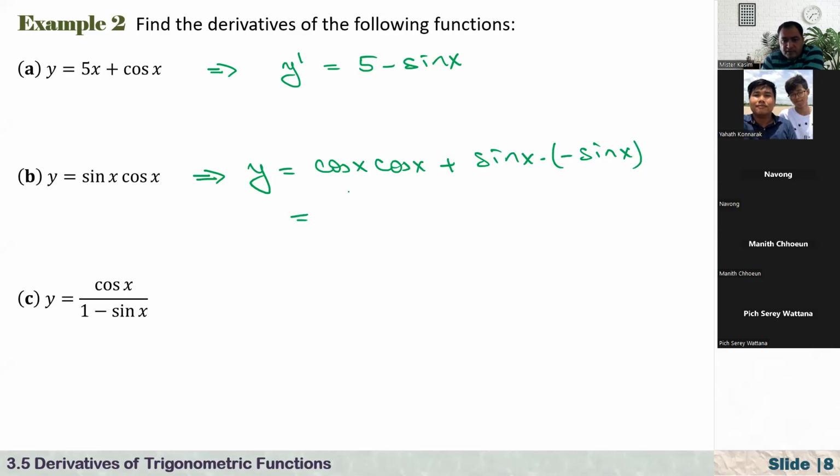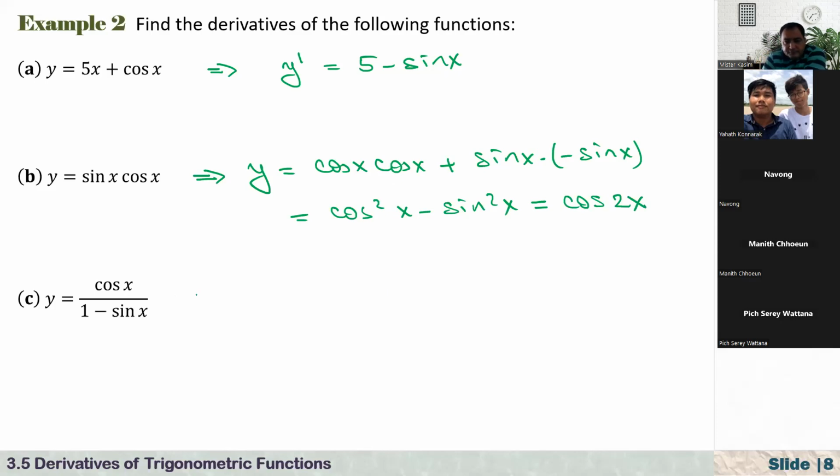Now, if you simplify this, we have cosine squared of x minus sine squared of x, and if you remember, that's just equal to cosine of 2x in a more compact form.